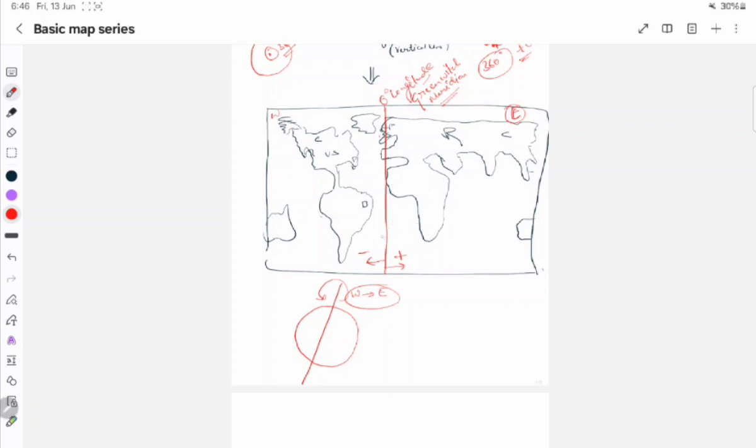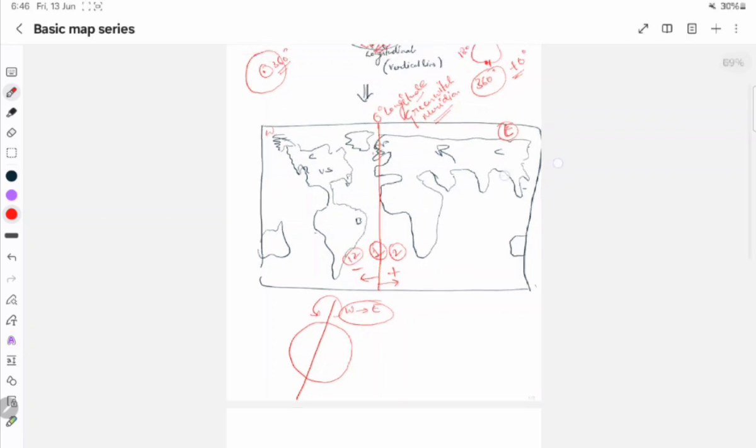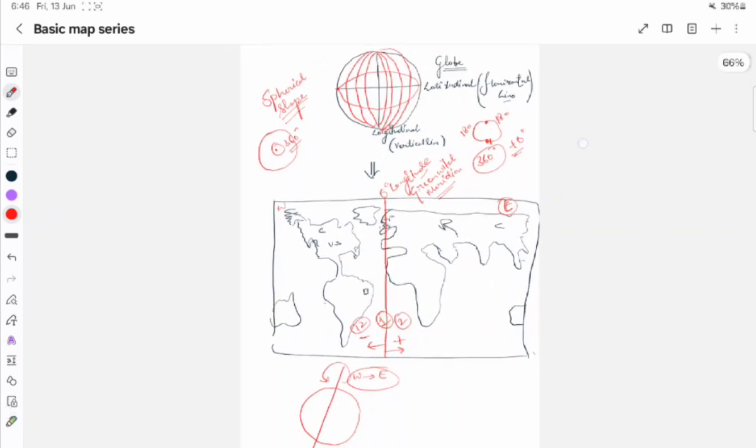Suppose here we have 1 o'clock, right? So here you're going to have at a particular longitude, that I'll tell you later how the time gets decided, you're going to have 2, and here you're going to have 12, right? That's it. Done. So now this is 0 degree longitude.